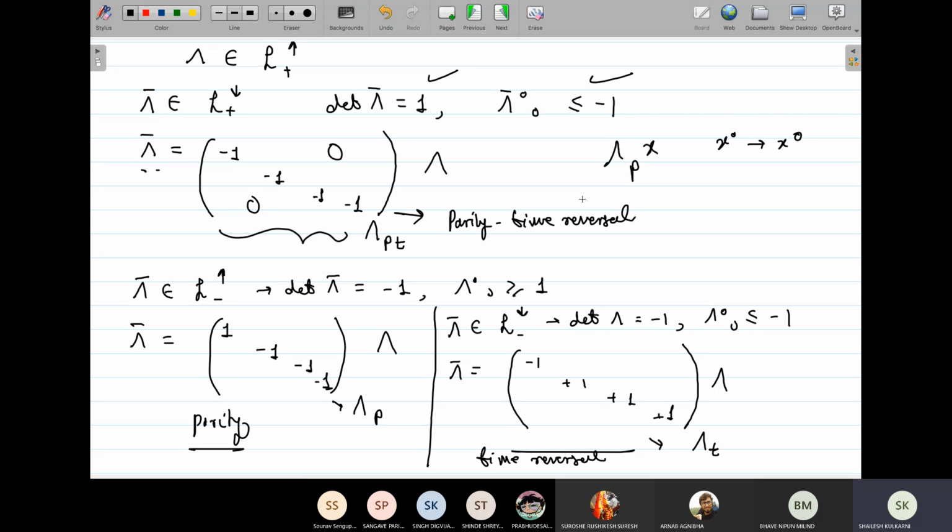Okay, so the Lorentz transformation can be broken up into 4 pieces. By using one piece, that is proper orthogonal transformation, one can generate all other Lorentz transformations, by multiplying proper Lorentz transformation by either parity or time reversal.